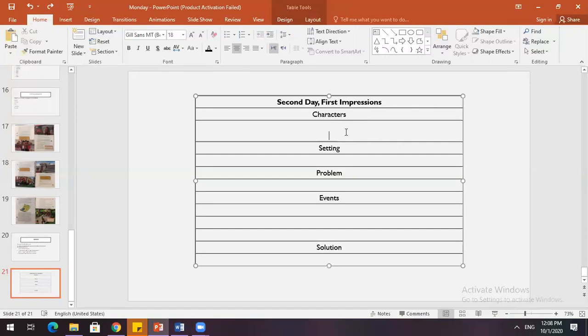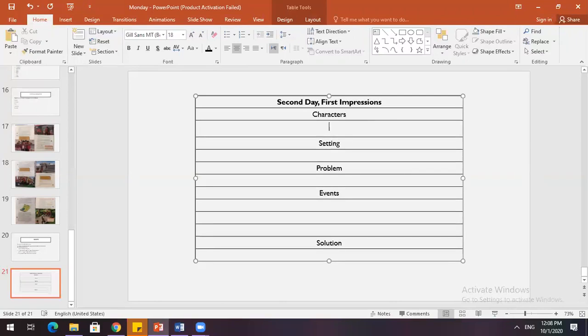Let's go ahead. Okay. Summarize second day first impression. Our characters. Who was our main character in the story? This is why I told you guys you can take out your literature anthology textbook. Who was the main character? You guys forgot her name? Louisa. I know. Louisa.